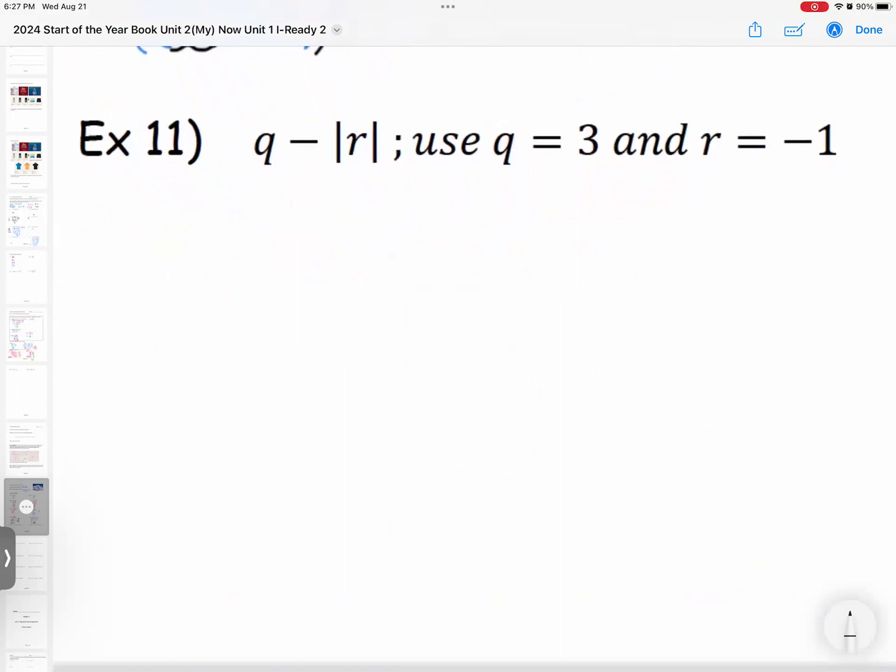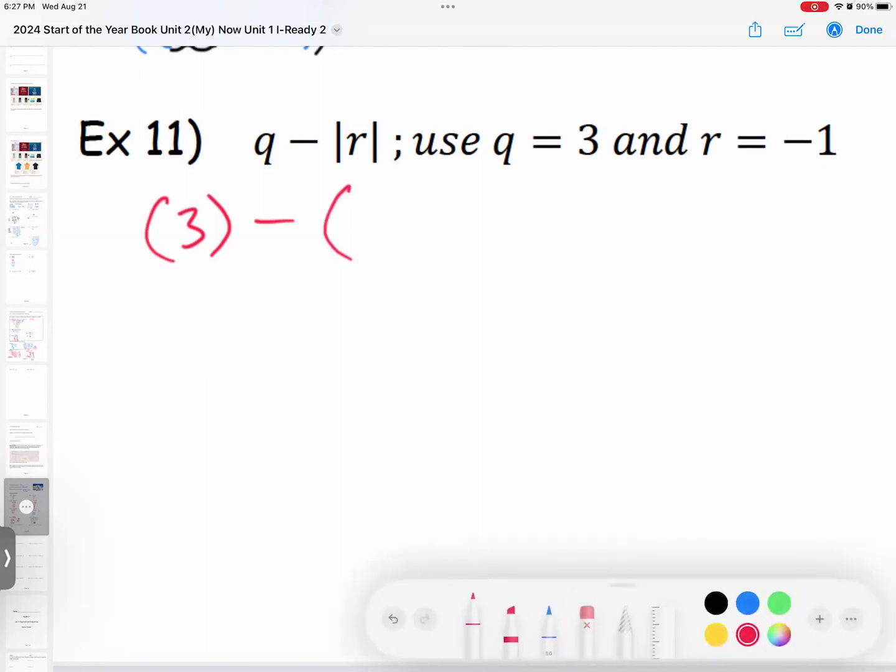All right. Example 11. Now we're getting to evaluating with these items. Previously, we just said, hey, here are your numbers, go at it. But our more end game with this is saying, hey, here are our variables, and this is what Q and R are. Well, just like how we were learning with GEMDAS, you first dump them in. No math whatsoever. You just say, hey, my reader, my math teacher, myself even, to reference later for notes and studying for tests and quizzes, I'm not doing any math.